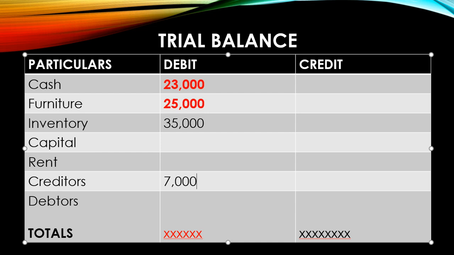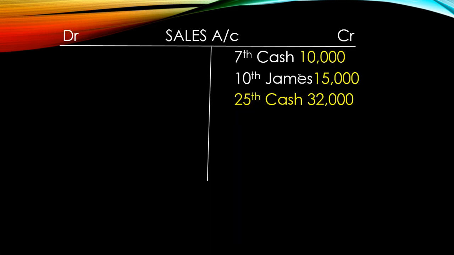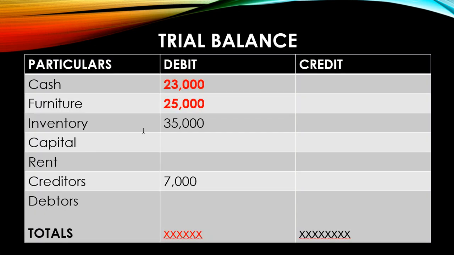Then sales, you work it out to here, 10 plus 15 plus 32. This becomes now 25 plus 32 becomes 37. 37 is the sales. Then here you include sales here.